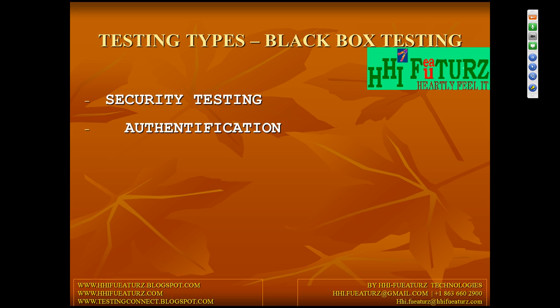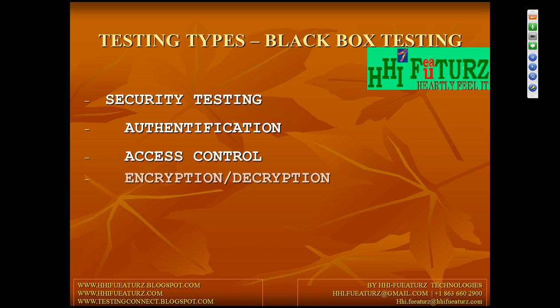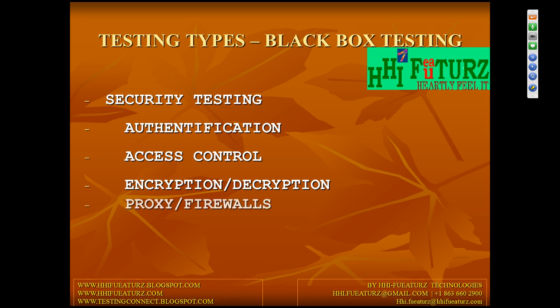Okay. Security testing is again divided into four subcategories: authentication, access control, encryption or decryption, and proxy or firewalls. Authentication. Let us suppose you are new to Gmail. What do you have to do? You have to access that application.